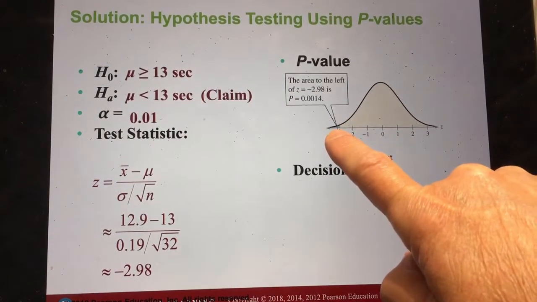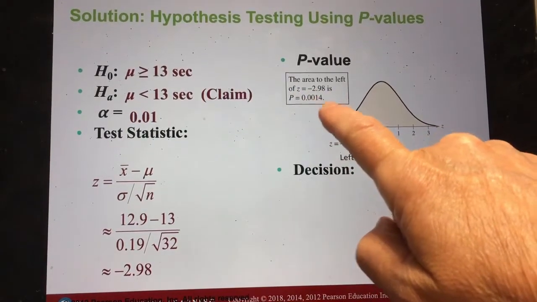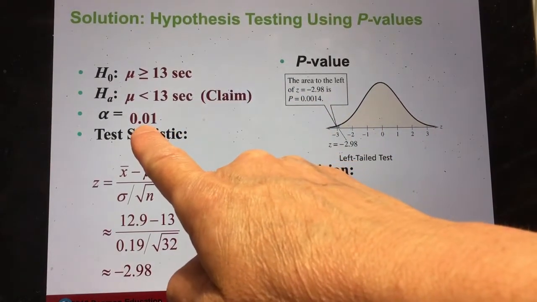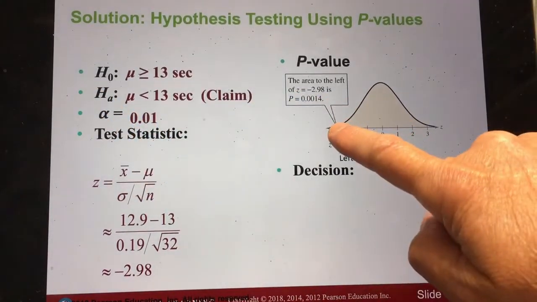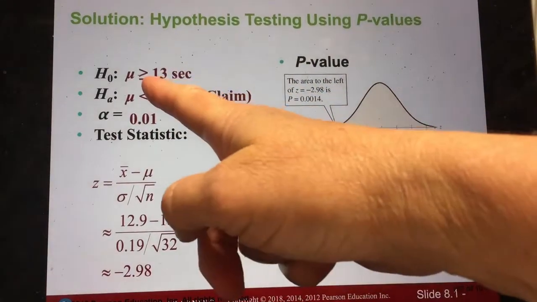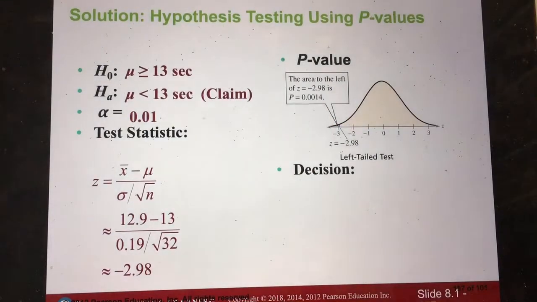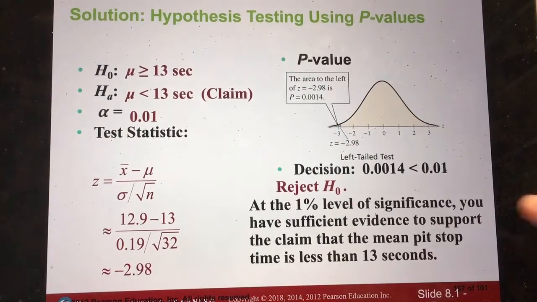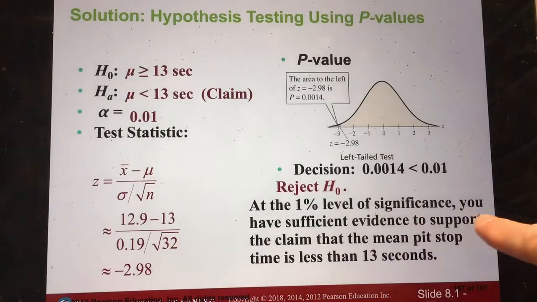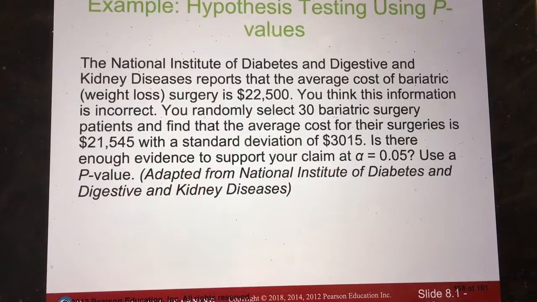I compare that to our 0.01, and 0.0014 is less than 0.01, which means I reject H sub 0, and the H sub 0 was not the claim. Since I reject it, then I could say I support the claim. All right, so at the 1% level of significance, you have sufficient evidence to support the claim that the mean pit stop time is less than 13 seconds.